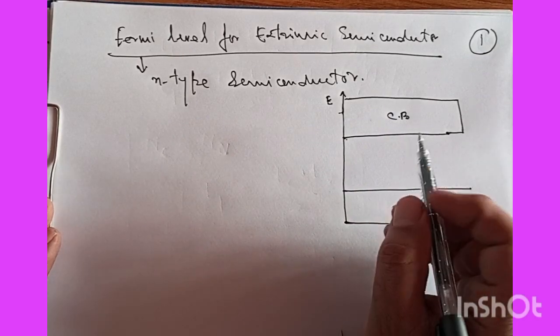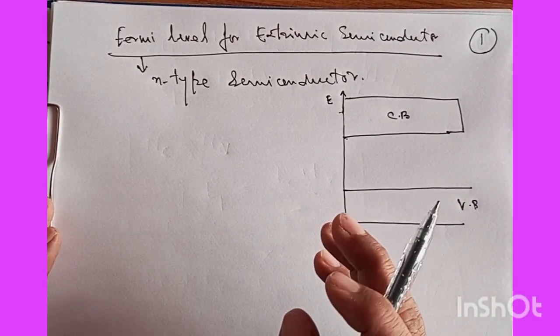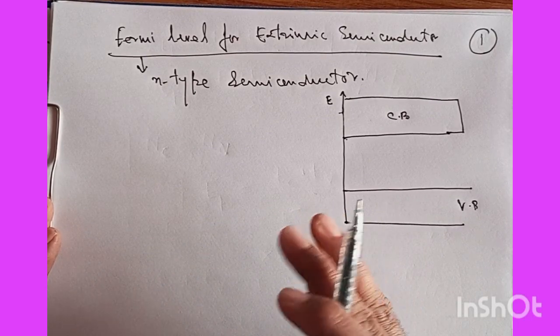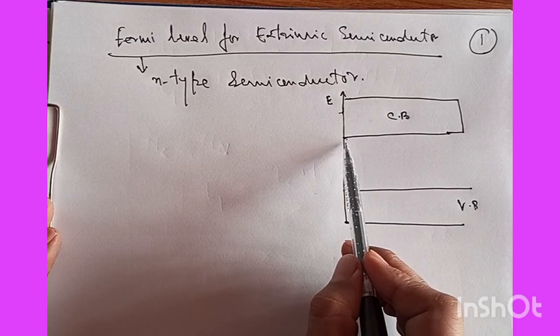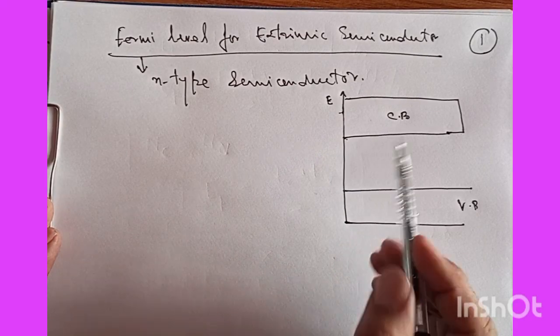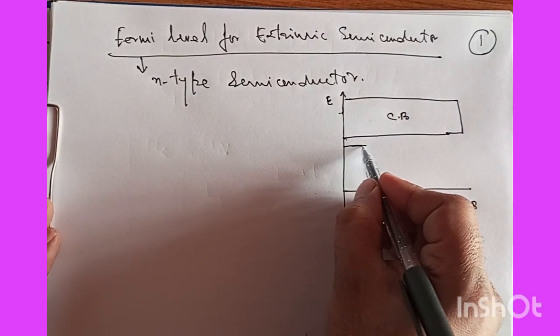The donor impurity that is added to this intrinsic semiconductor is just below the conduction band. This donor level I can draw, so there is an additional level.